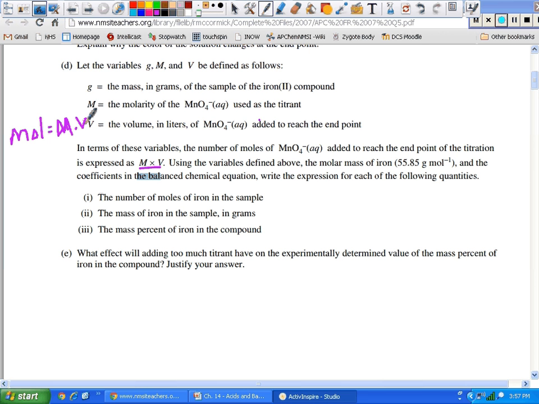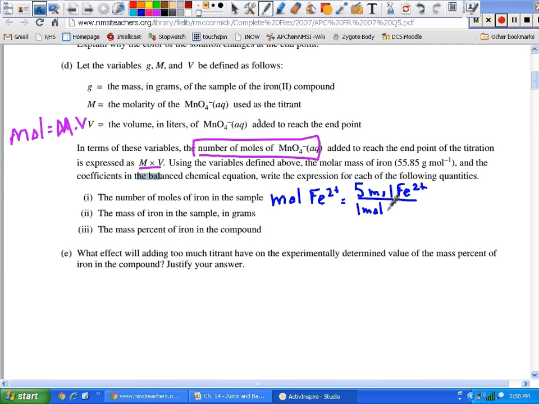Yeah, which is rather strange. But here's the deal. This is the number of moles of that. So if we want the number of moles of iron, this is what it says. Moles of Fe2+. 5 moles of Fe2+ over 1 mole of MnO4.